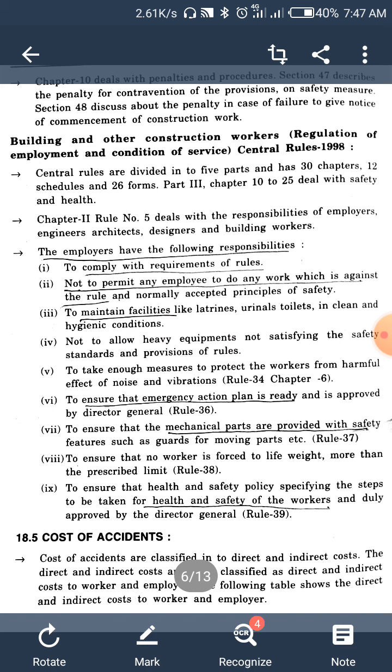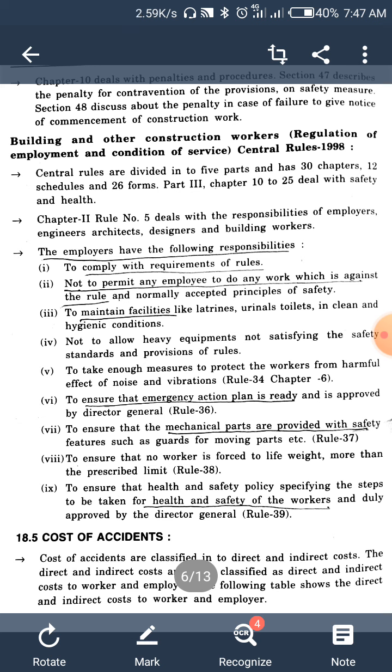Fourth, not to allow heavy equipment not satisfying the safety standards and provisions of the rules. Fifth, to take enough measures to protect workers from the harmful effects of noise and vibration.